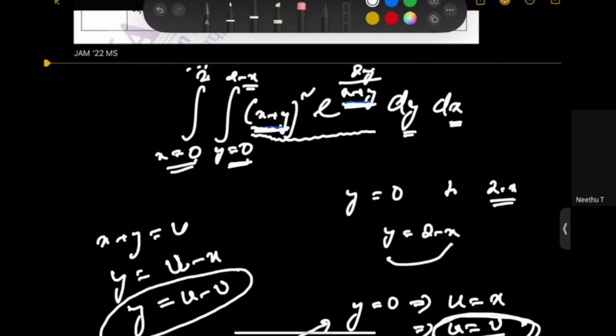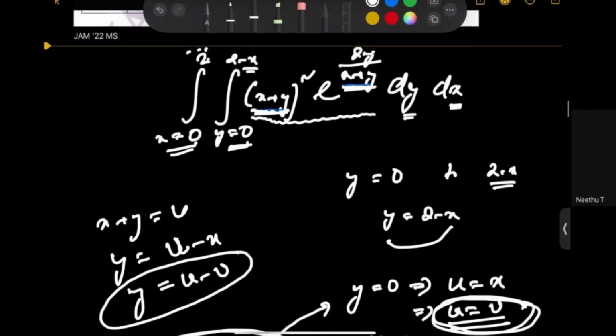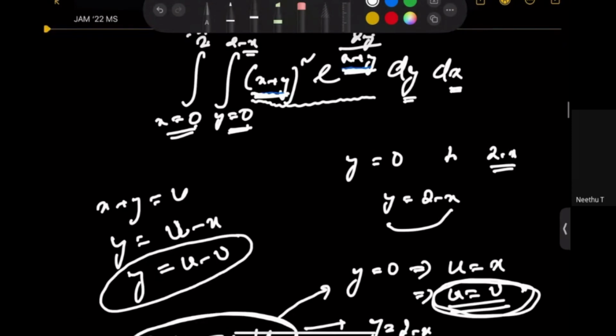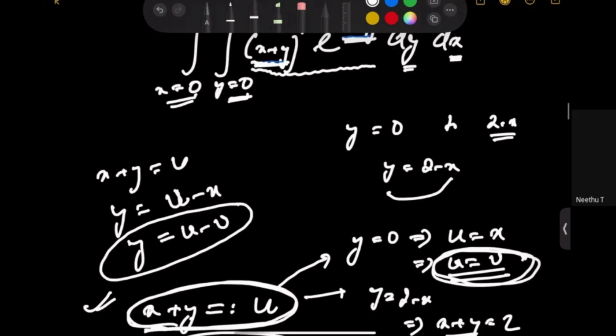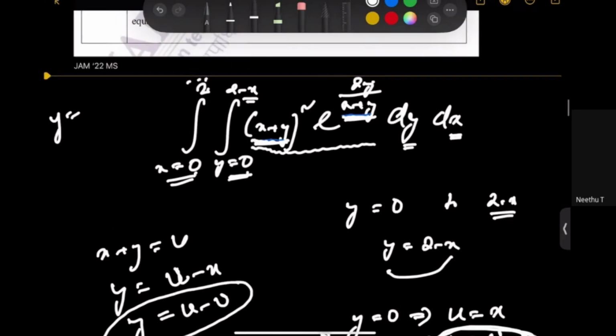Sir, in the next step, we replaced x plus y with u and y with u minus v. Yeah, x plus y was u. There, why don't we change y with v minus u in dy and dx?